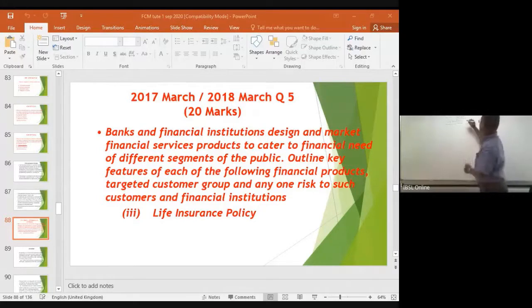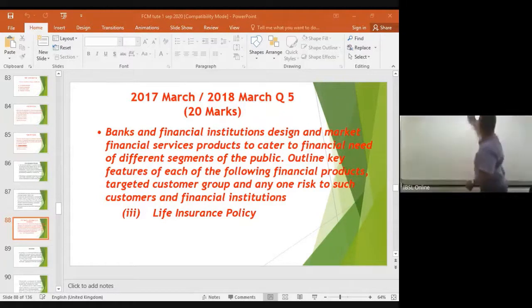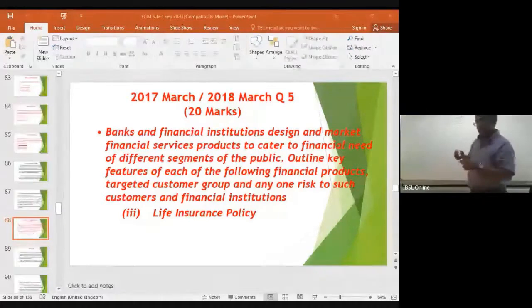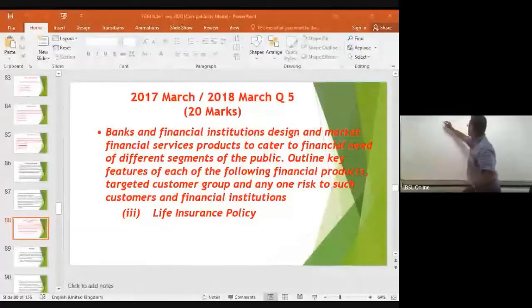Those are the features or characteristics of the life insurance policy. Okay, that's the first point.